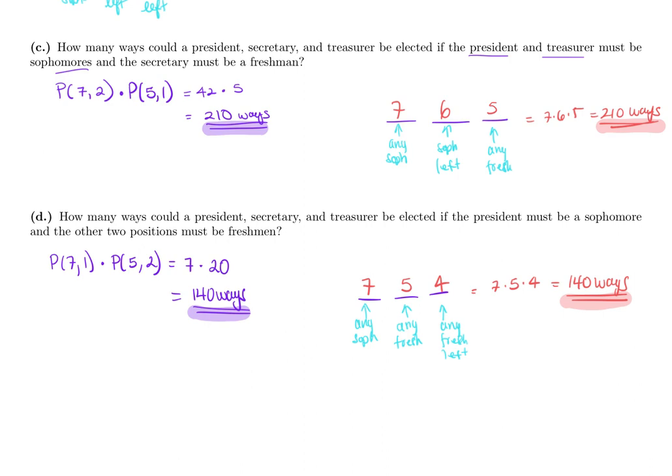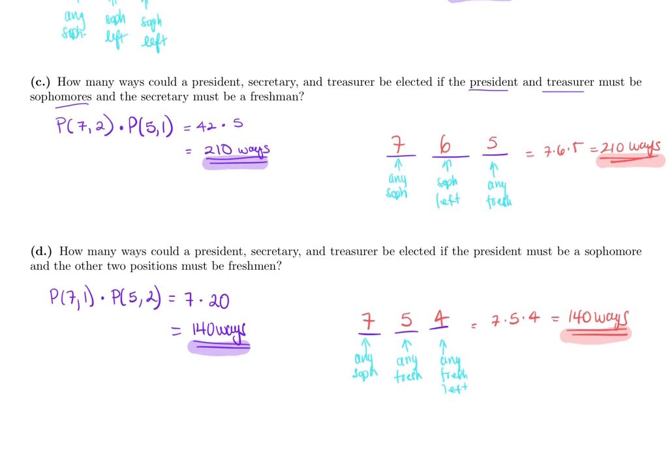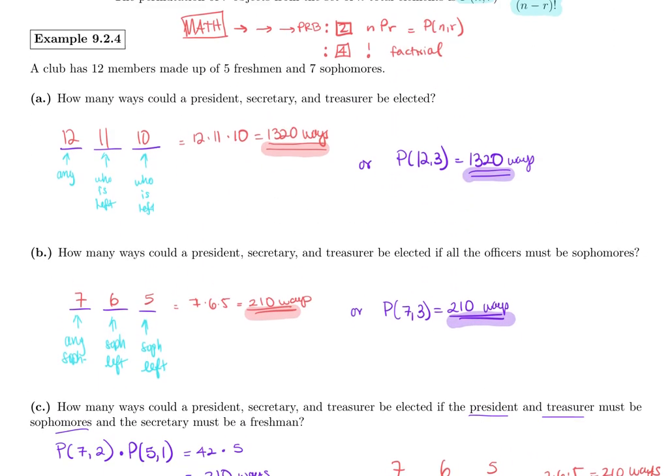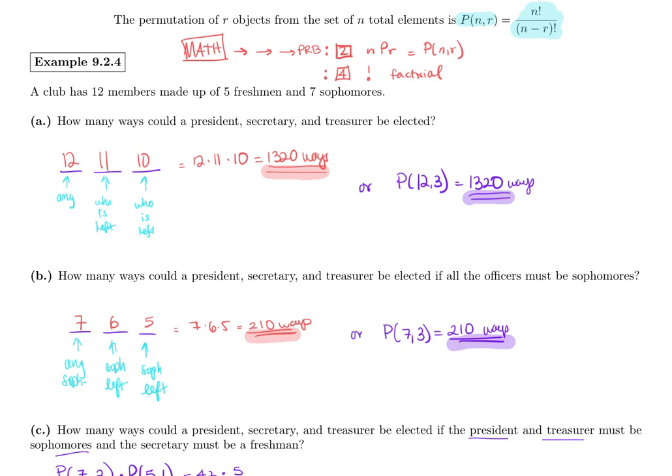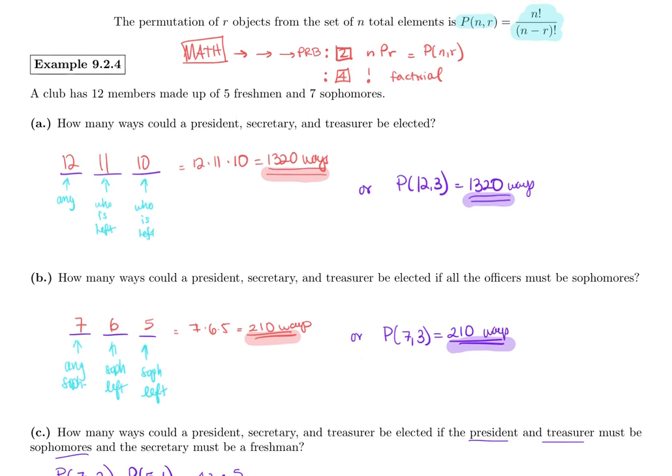I did want to go back and show you that you could have used the formula for all of these problems where we used a permutation. So if we did a permutation of 12 choose 3, using the formula, P of 12 choose 3 is n, which is 12, factorial, over 12 minus 3, n minus r, factorial.